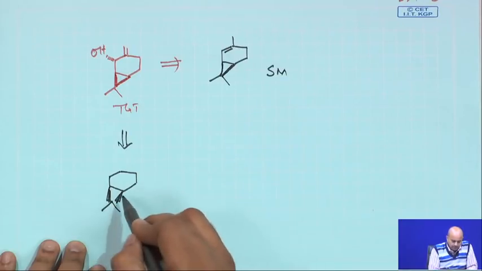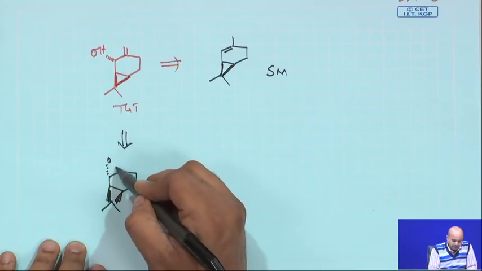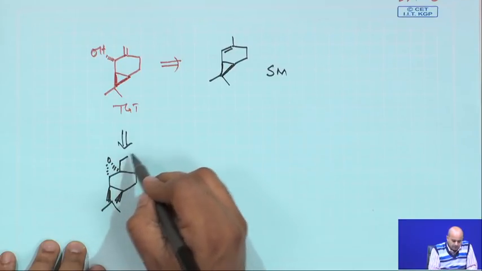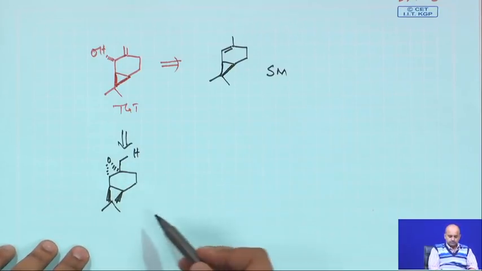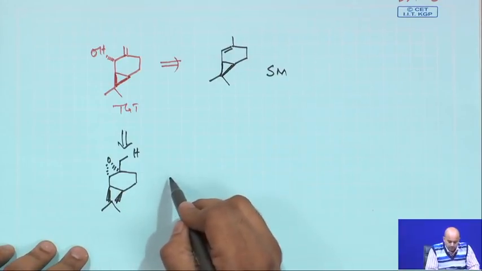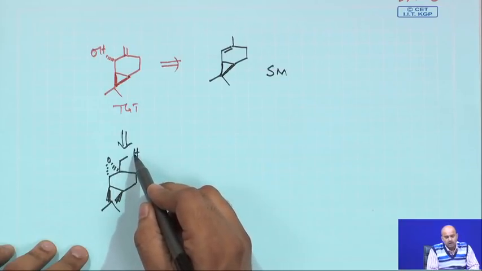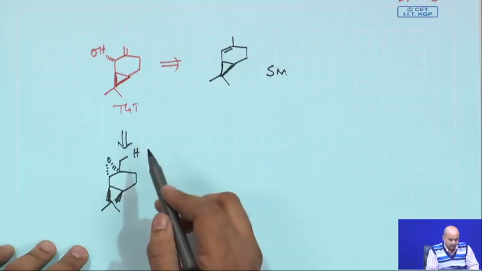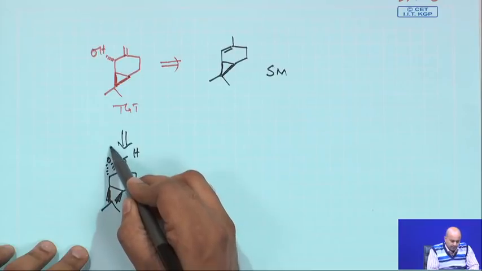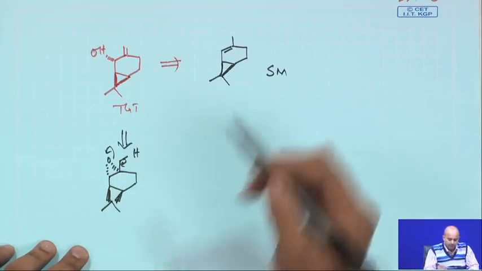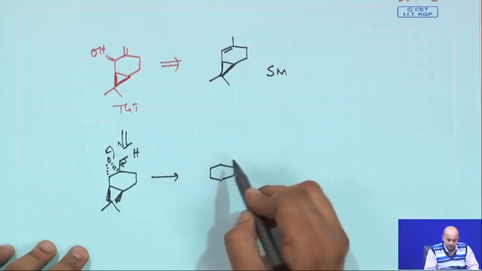This is a cyclopropane, and then we say if you have this epoxide, now if somehow you can abstract this methyl hydrogen by some means, is it possible that you can do a little bit of rearrangement, so that the epoxide opens up to give you this target molecule?